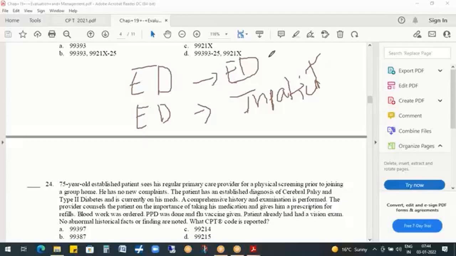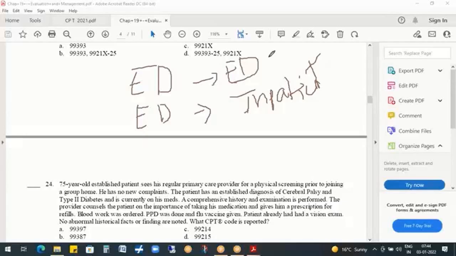Next point, status of patient. After identifying the location, next we need to look for the status of the patient. That means new or established patient, initial or subsequent visit.